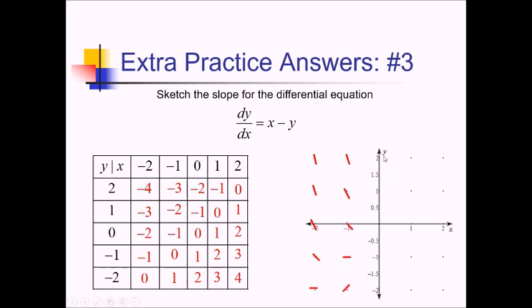And we just keep going, so -2. This is going to be -1, 0, 1, and 2. And then over here, this is -1, 0, 1, 2, and 3. And finally, we have 0, 1, 2, 3, and steepest of all, we've got 4.